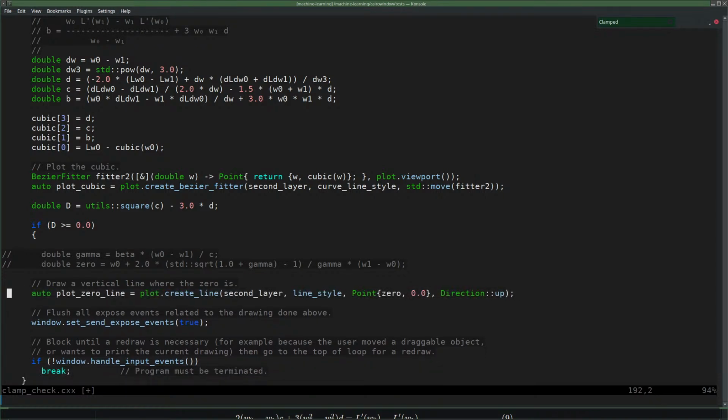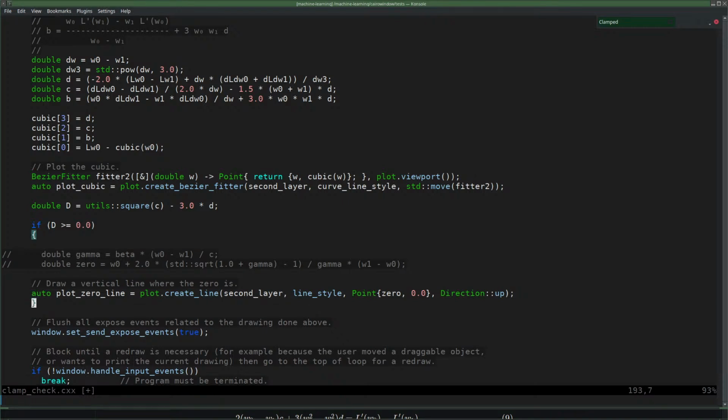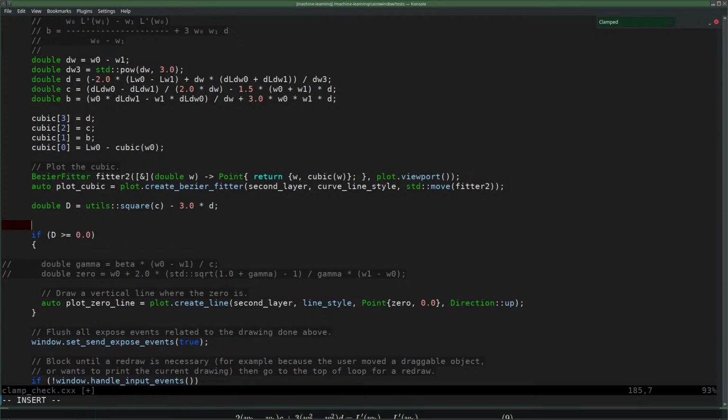And that means that whatever this thing is returning must exist and keep existing, because the line disappears if I destroy the returned object. So it should create an object here. I think it's a plot line, right?